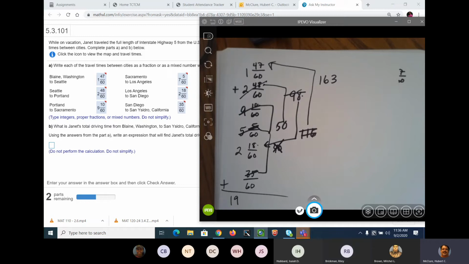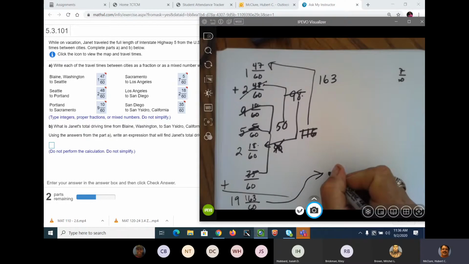All right, so I still don't get anybody to say anything. All right, so we got 163 over 60. Now we got to figure that 163 over 60. I know that 2 times 60 is 120. So I'm going to go 19, 20, 21.